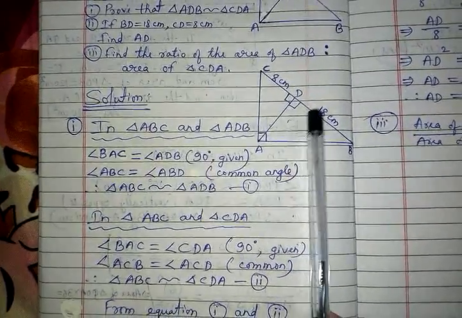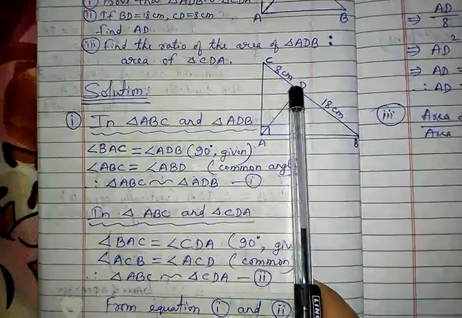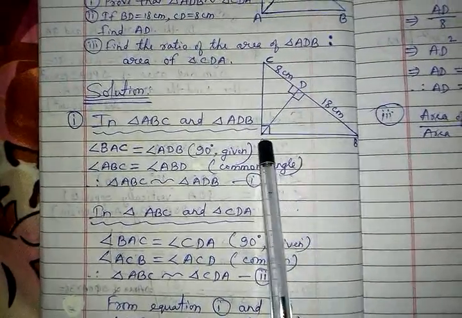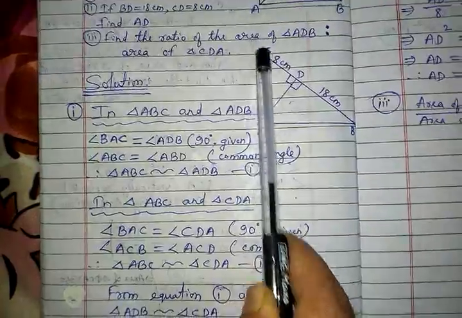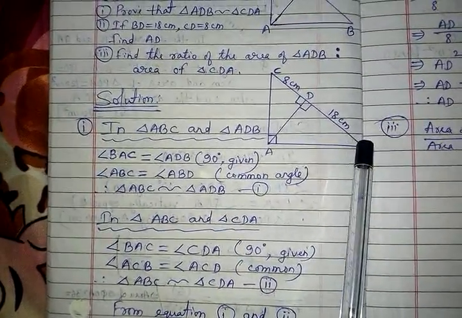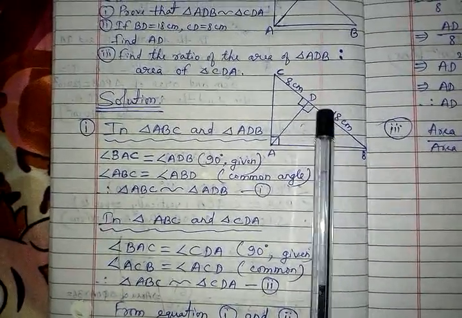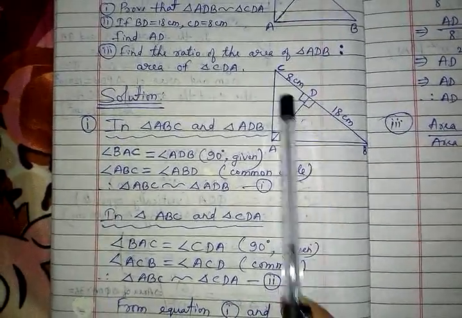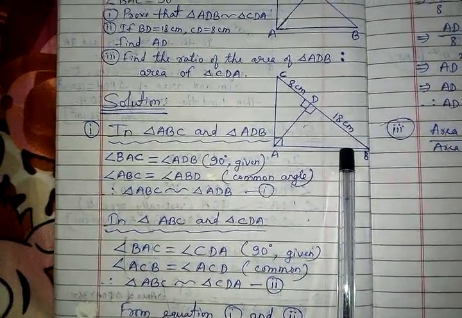As you can see, in this triangle angle D is 90, and in this triangle angle D is also 90, that means angle ADB is equal to angle ADC. But if you try to find the second angle, you will not find it here. So very difficult to prove the second angle.